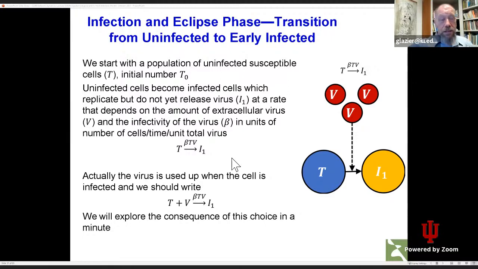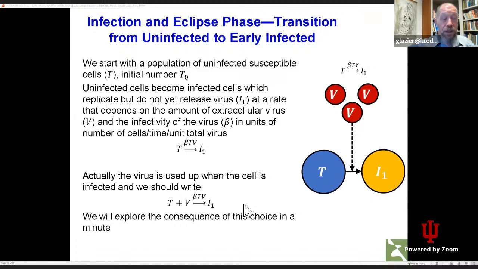Now, in reality, when a virus particle interacts with a cell, it enters the cell. It's not available to infect other cells. And so we should really be writing this as a chemical reaction, which is T plus V goes to I1. So the virus is used up. The problem is that the units that we measure virus in are these colony forming, these plaque forming units, these TCIDs.